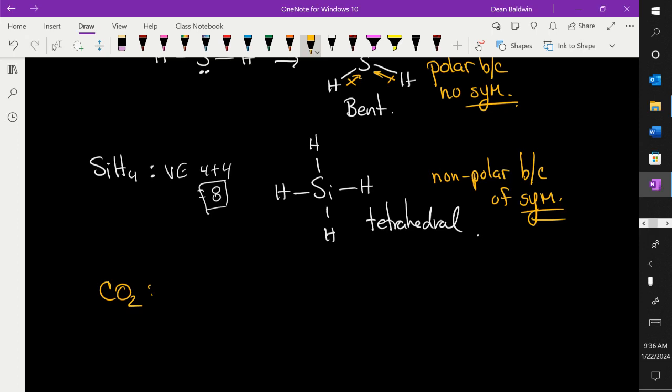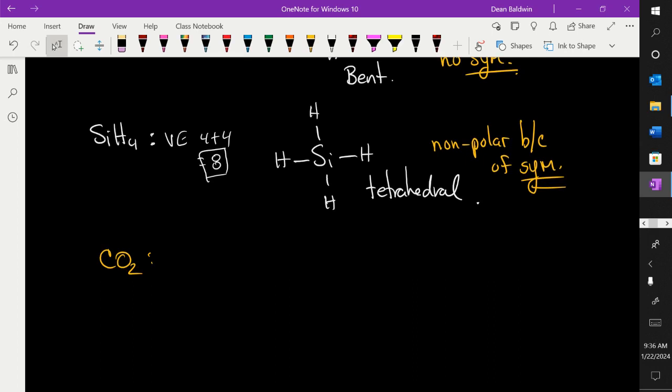What about CO2? Valence electrons. Carbon has 4. Oxygen has 6, but there's 2. So 16 valence electrons.